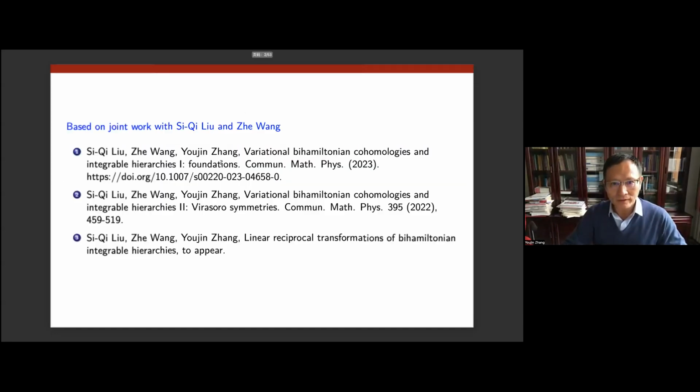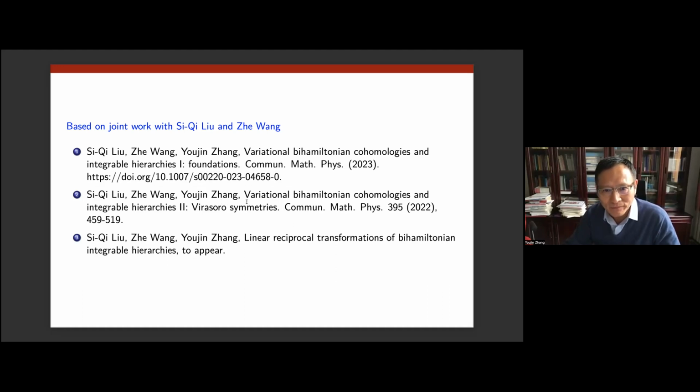Okay, now it's okay. So this talk is based on joint work with Xi Liu and our student, Zhou Wang. The main papers are these three papers. One is on the variational bihamiltonian cohomologies and integrable hierarchies, the first one, foundations.